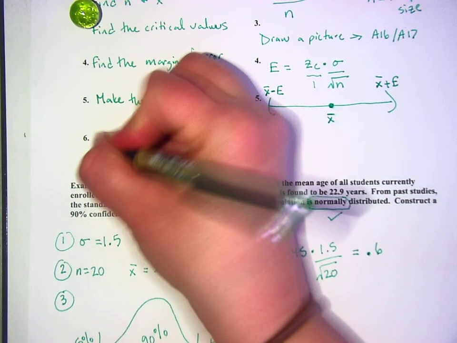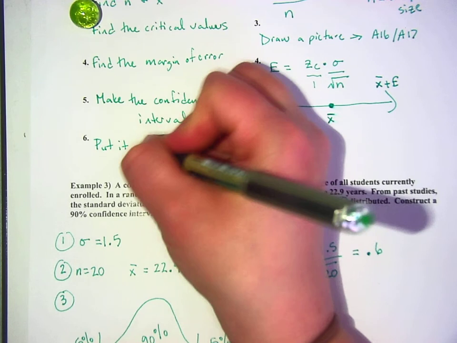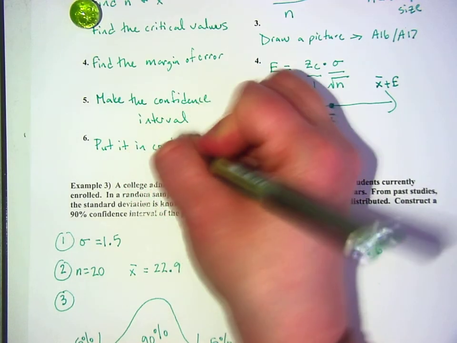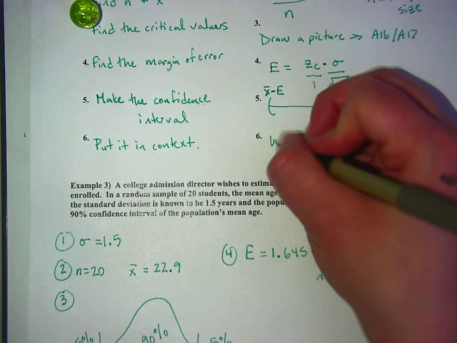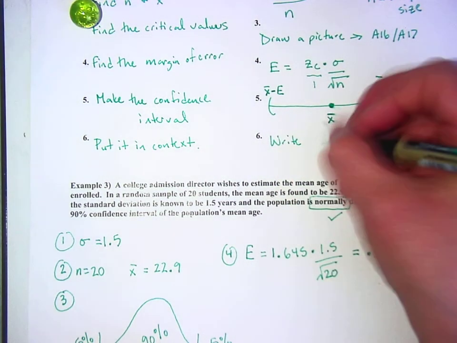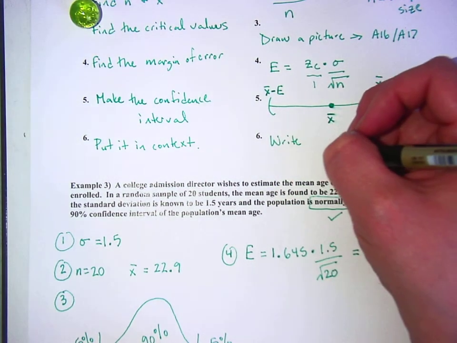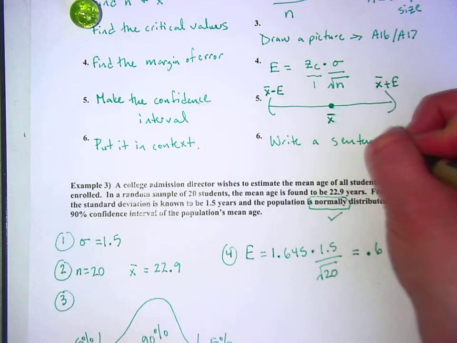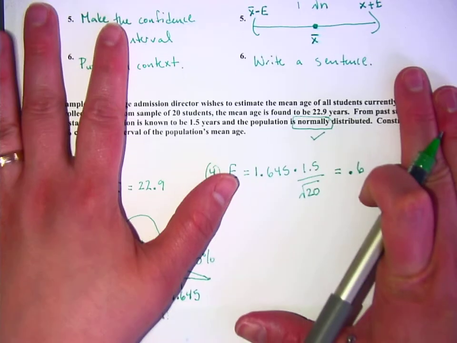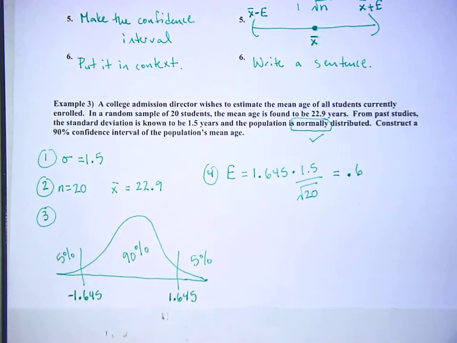The final step is to put it in context. I am going to make you do this every single time because the more we practice it, the more likely you are on the free response section of the test to actually write. You're going to have to write one whole sentence. Oh, what a nightmare. In math class, no less. How horrible.